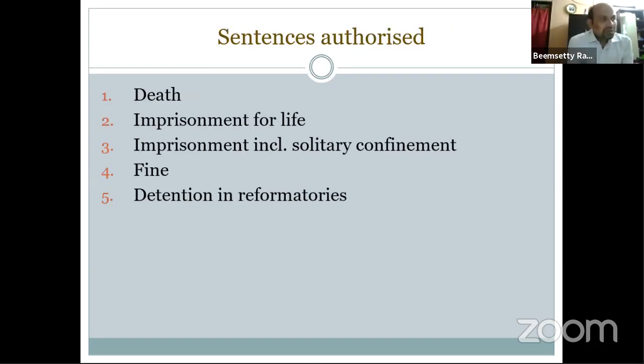And what is commutation? Once the death sentence is awarded in the Sessions Court, it should be confirmed by the High Court of that state. Even then, if that party is not happy, he can appeal in the Supreme Court.